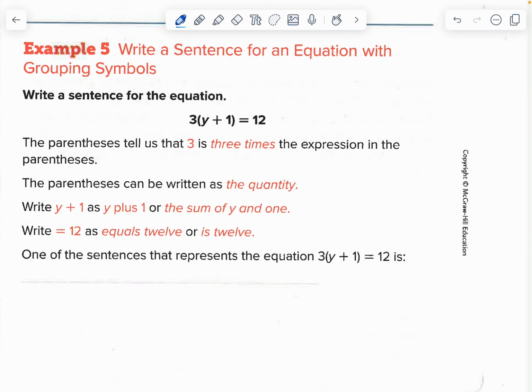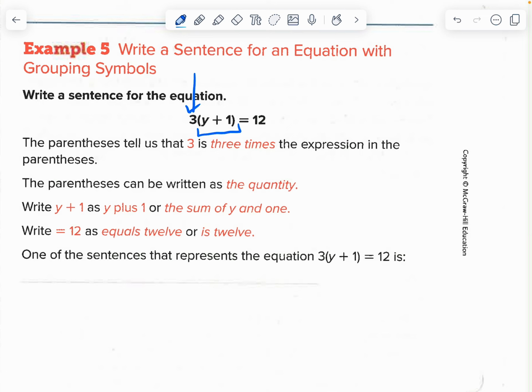Write a sentence for the equation. Okay? So we're taking 3 and we're multiplying it by this quantity. The parentheses tell us that 3 times that expression. So we can use the word quantity.